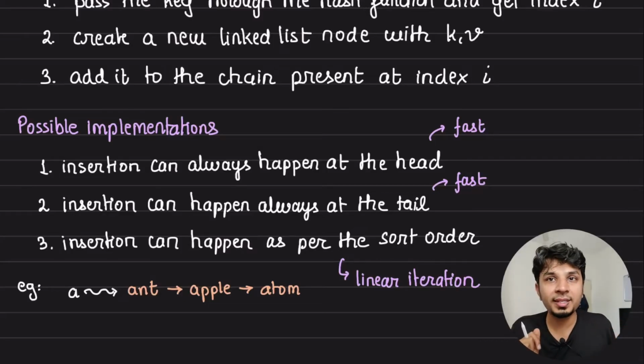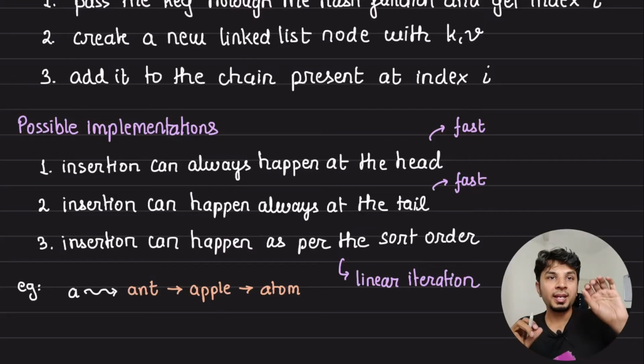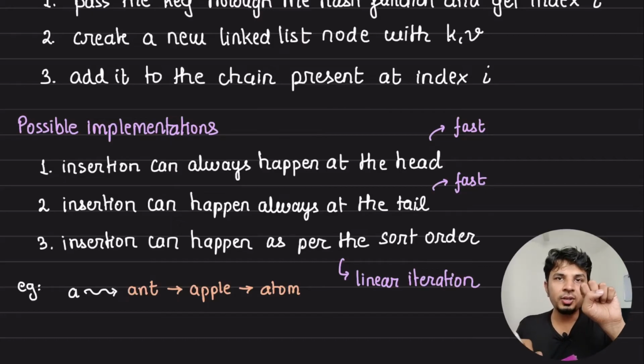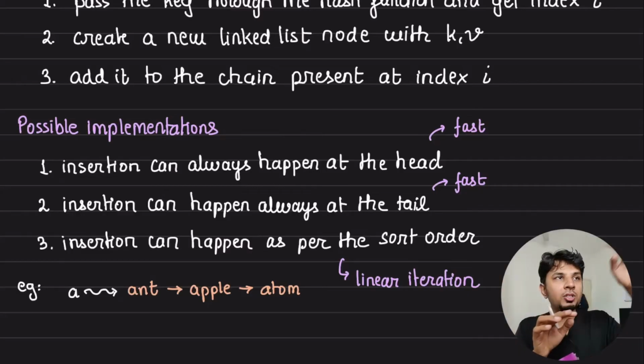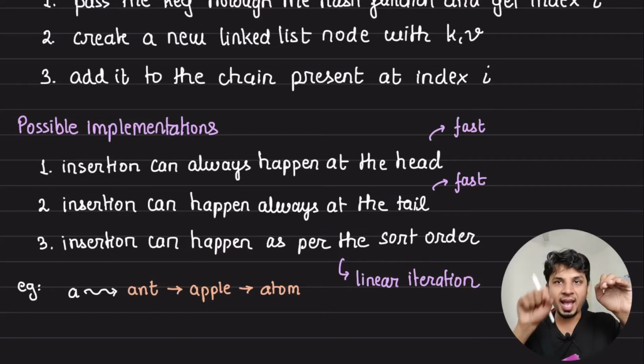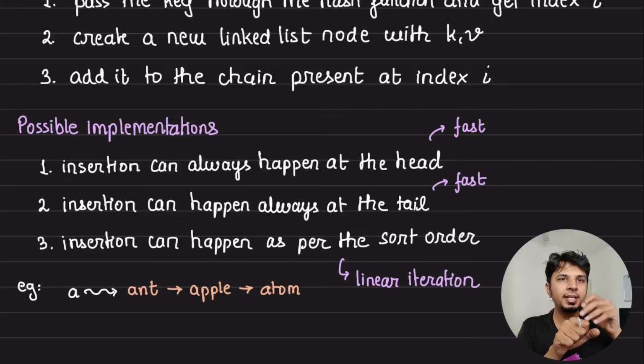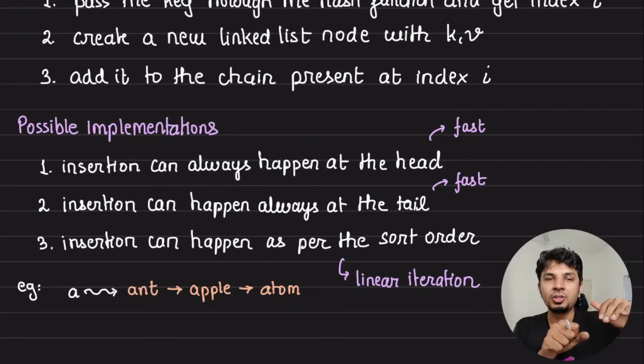Let's say you inserted ant, so it went and sat at the first place in the linked list. Then you added atom. Atom comes after ant, so you would have to traverse and add atom at the end of the linked list. And then let's say now comes apple. So apple is after ant but before atom, right?